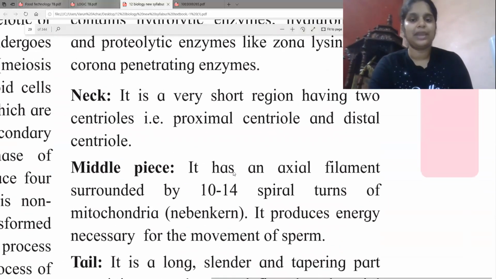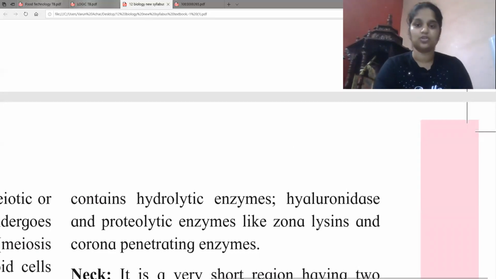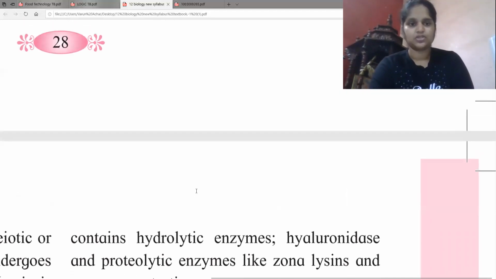Back then I told you that the acrosome secretes an enzyme, and this enzyme is called hyaluronidase. This hyaluronidase enzyme acts like a zona lysin. That is, it is going to break down your zona pellucida. Also, it is going to penetrate through your corona radiata. So that is what happens.